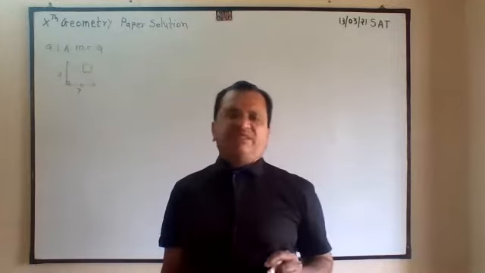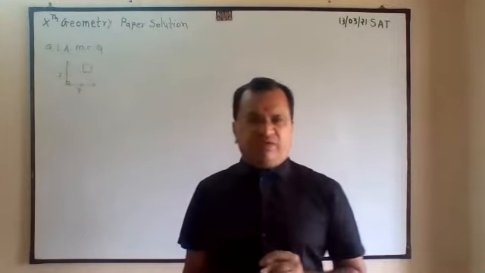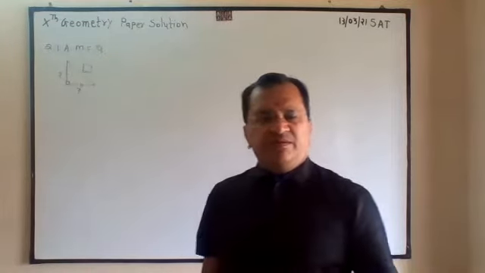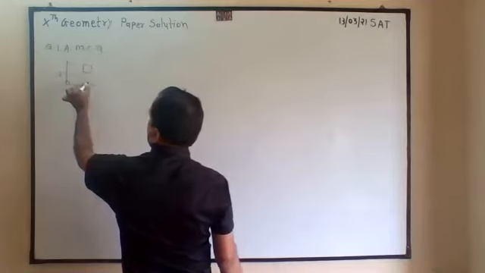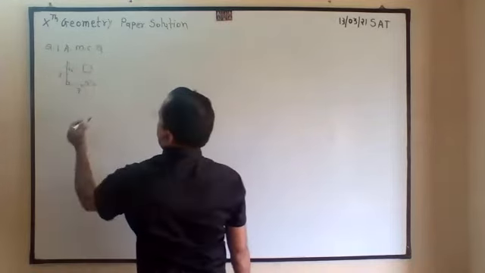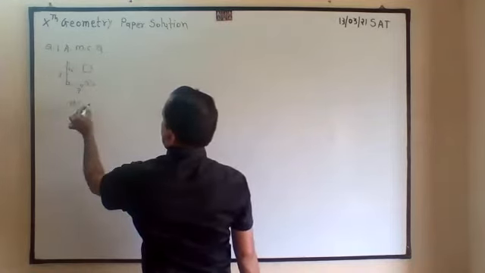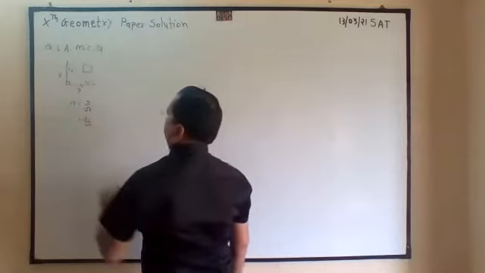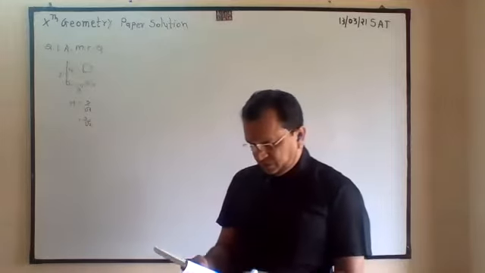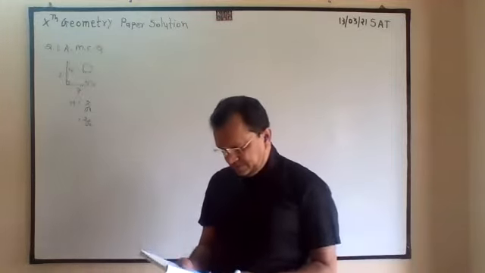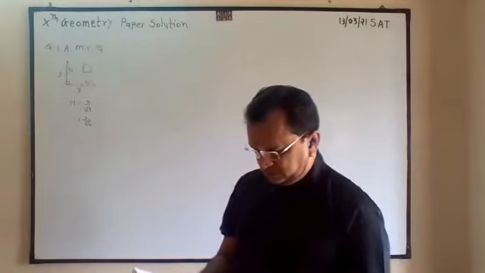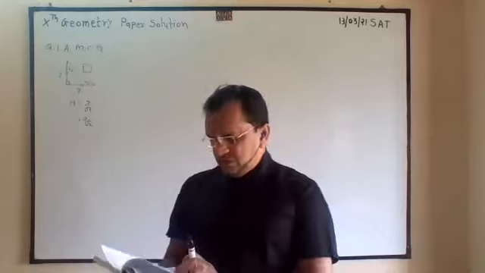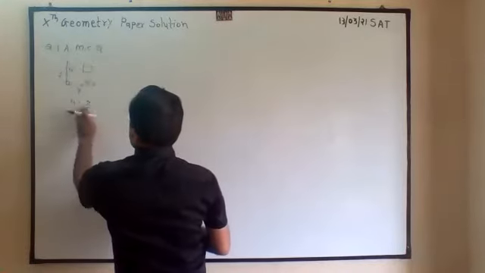A square plus B square is equal to C square. Second one you can do by formula, opposite to 45, 45. So hypotenuse is equal to side into root 2.